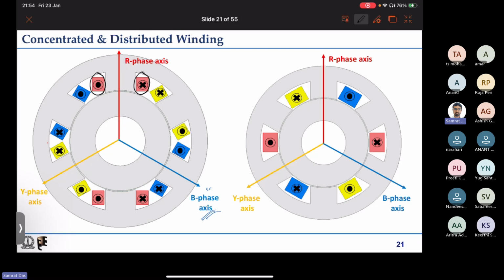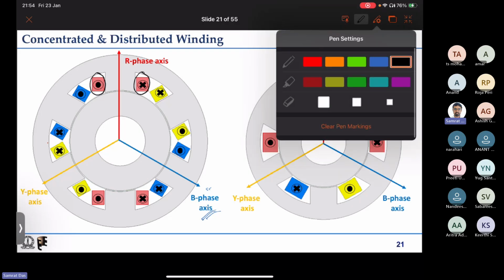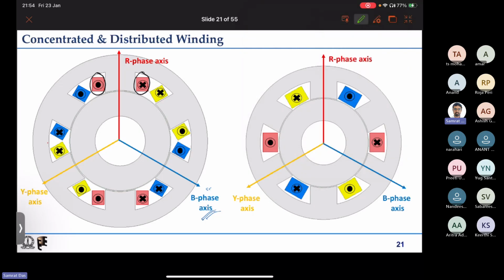Next we go to the yellow phase, so we will use this whole cross and this whole dot.